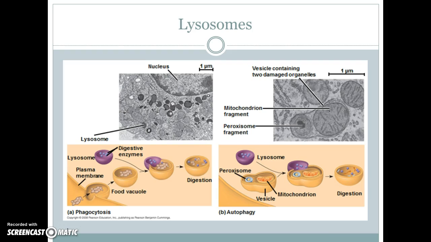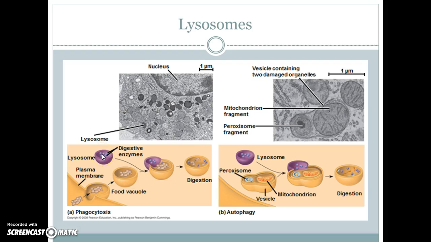Lysosomes play a role in the intake of food into the cell, and we can see this going on in the left-hand image above. Phagocytosis is where food will approach the membrane of the cell. The cell will form a little vesicle by pinching off around the food particle, and then the food is now in the cell, the protein, the carbohydrate, whatever you happen to have.